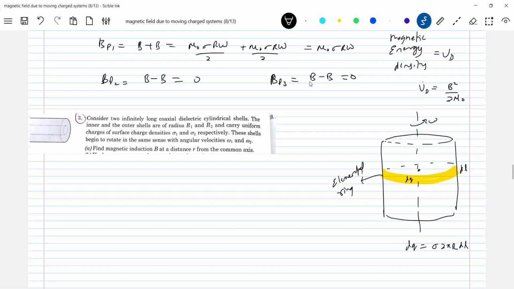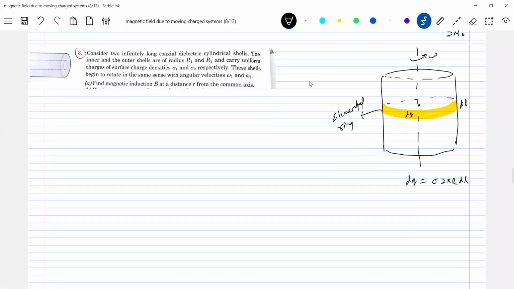Okay, now two coaxial dielectric cylindrical shells. Already we know the formula, no? It's a direct substitution of the formula, nothing big. Two coaxial shells. There's another method. Try it, you'll get the same answer.